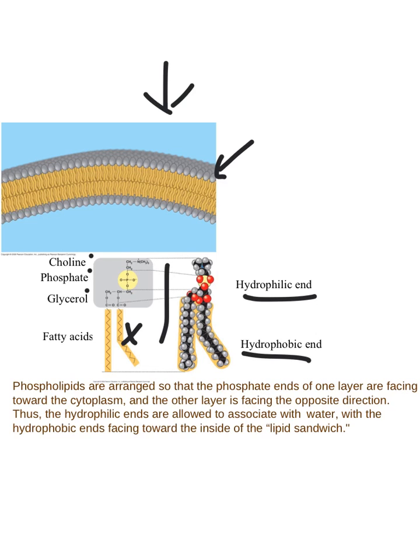They tend to not like to be in water, so if you have this phospholipid bilayer, you eventually end up with this lipid sandwich where that choline phosphate end is facing towards the liquid and the fatty acid end is facing away from it. This is going to allow the cell to actually contain fluids, almost like a little bag of water.